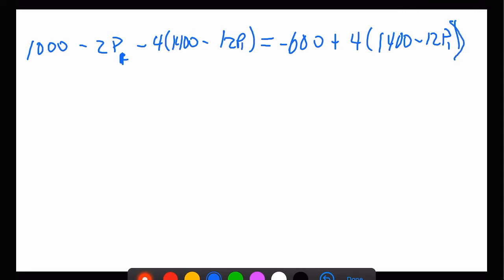You're like, really? Are we going to solve this? And the answer is no, we're not going to solve this. But the point is that we could. And the answer turns out to be like 100 and 200 or something.